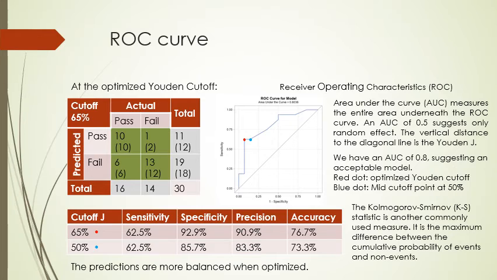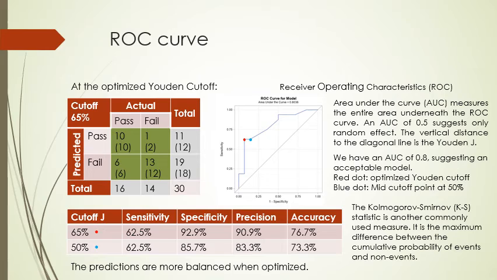The optimized Youden cutoff is marked by the red dot, and the mid cutoff point at 50% is marked by the blue dot. The graph clearly shows that the red dot has the largest Youden index.